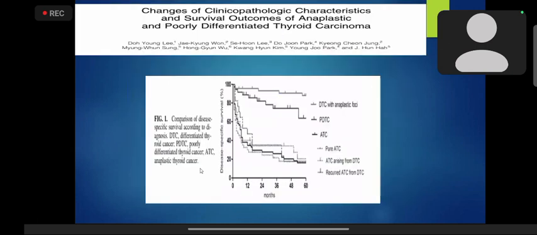There is a study, Lee et al. 2016, done to compare the outcomes of different pathological forms of thyroid cancer, in which they saw that poorly differentiated thyroid cancer has a lower survival rate than differentiated thyroid cancer with anaplastic foci, and ATC has the lowest survival.